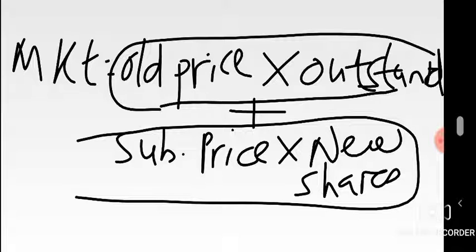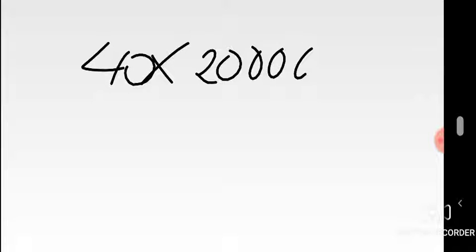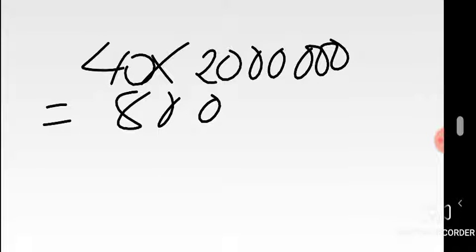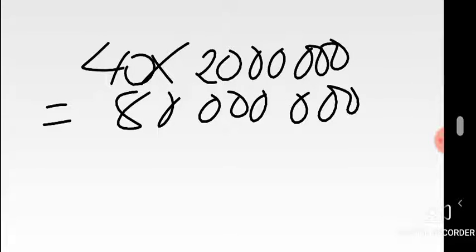So what we're going to do is this. Let's first calculate the market value, because we know it's part of the formula for getting the new price, the price after rights offering. So let's start substituting what we know. Odd price 40. The outstanding shares 2 million. The answer is 80 million.